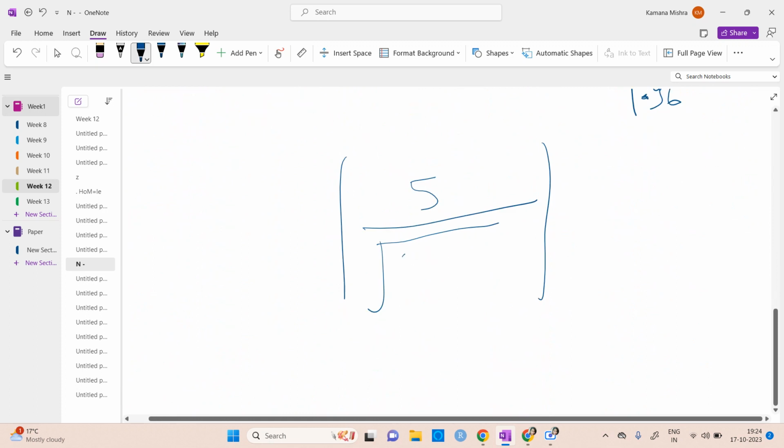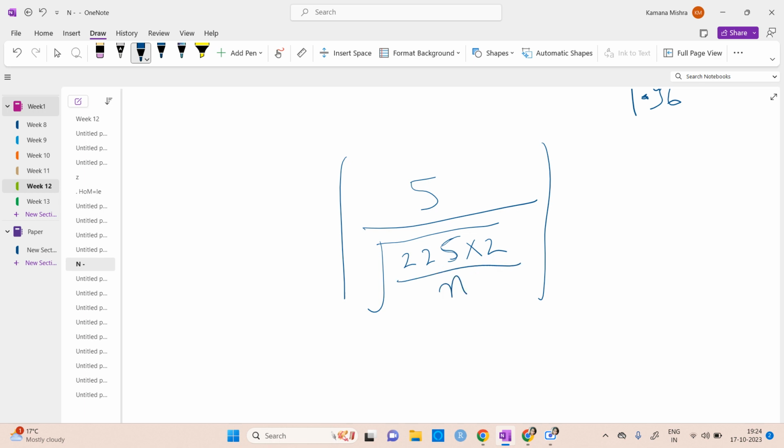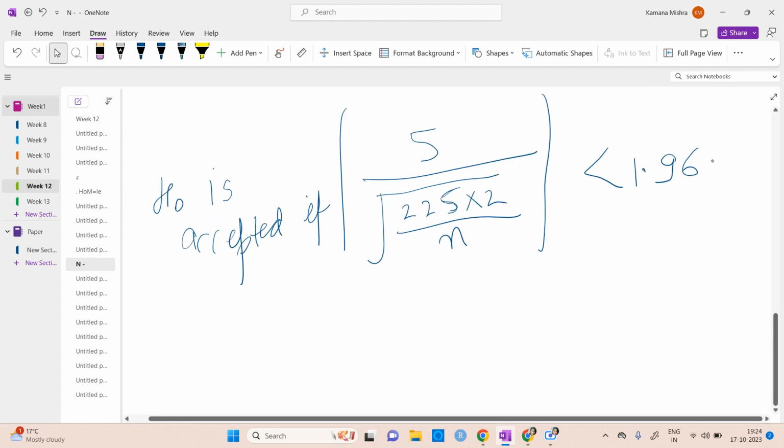Sigma1 squared is 225, sigma2 squared is also 225, and n is the same. It is accepted when this is less than 1.96. So H0 is accepted if this happens.